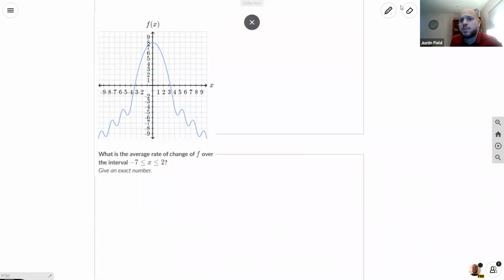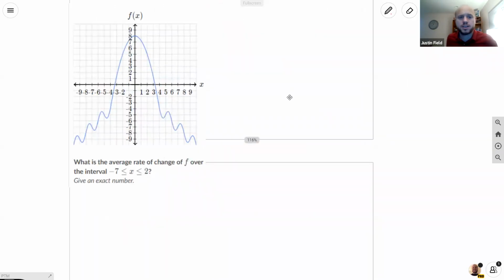The last assignment is important because it's talking about the average rate of change. The average rate of change is slope. So you guys should remember calculating slope. And not everything in life is a line, but we can always use average rate of change to understand things.